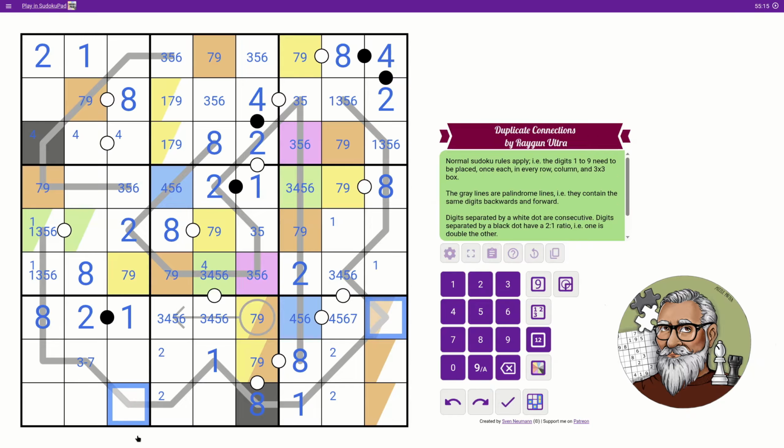It can if it's orange. These, what are these? 2, 3, 4, 5, 6. That's too much.